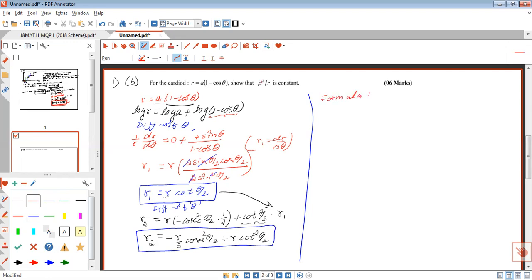Rho is equal to r square plus r1 square to the power 3 by 2, divided by r square plus 2 r1 square minus r r2.